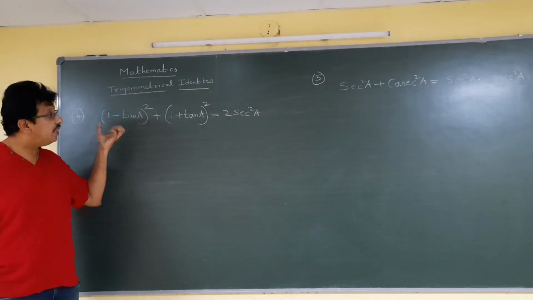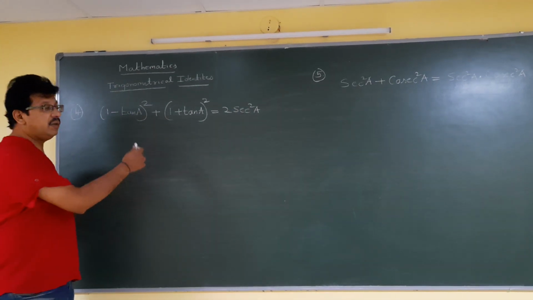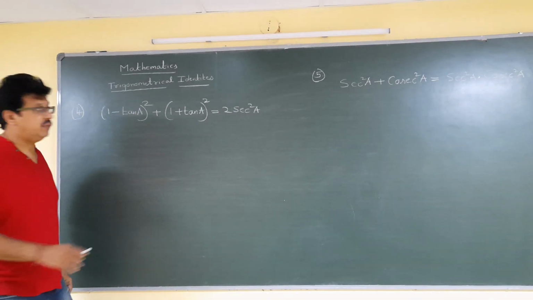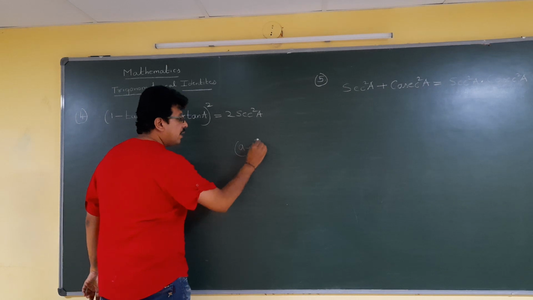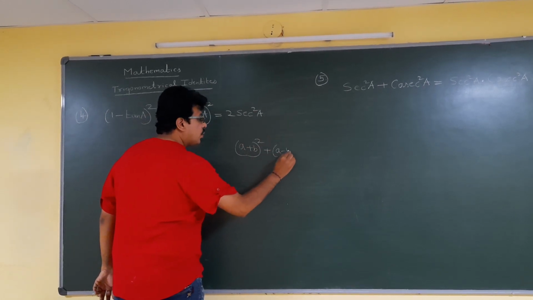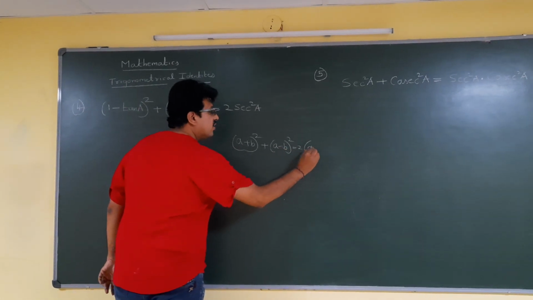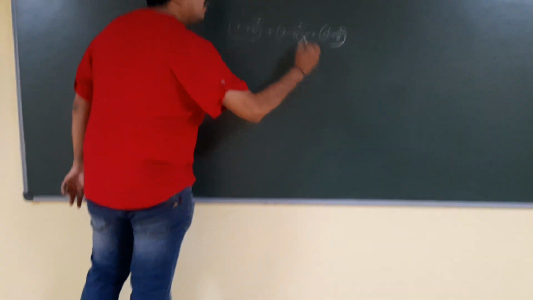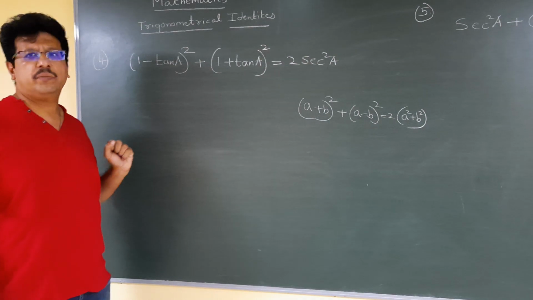What we need to apply is very important. You can see very clearly it's a formula. We can use the algebraic identity first: (a plus b) whole square plus (a minus b) whole square is equal to 2 into (a square plus b square). This is the formula you are going to use for this problem.